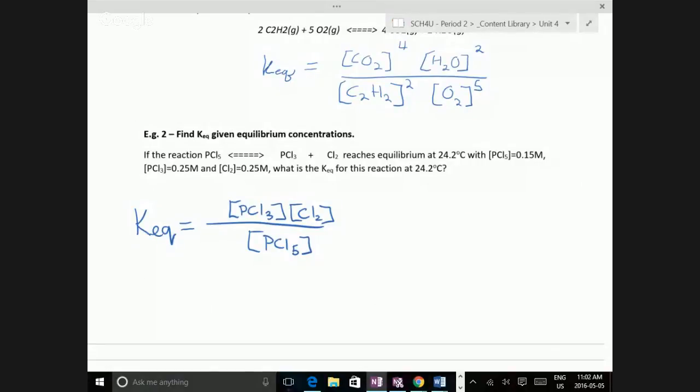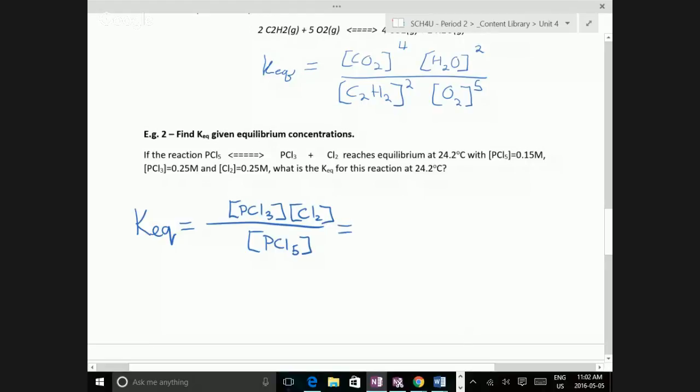We can calculate the KEQ of this reaction at 24.2. If I went and did this reaction again but kept it at 18 degrees Celsius, would it obey the same law? Yes and no. It would be the same law, but I would have to solve for a new KEQ because it won't be the same. We're going to talk specifically about how that changes on the next page. But I just want to make a note that this all assumes that we're keeping temperature constant.